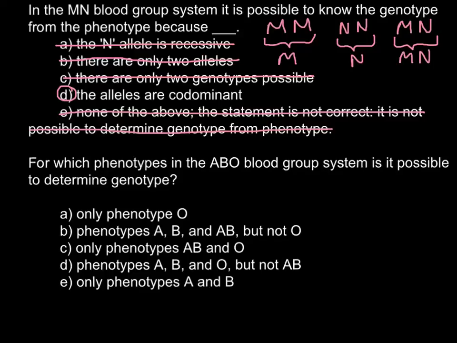And the second question: for which phenotypes in the ABO blood group system is it possible to determine genotype? And here we also have 5 answers that you may choose from. But I want to start my explanation by explaining the different components of the blood.